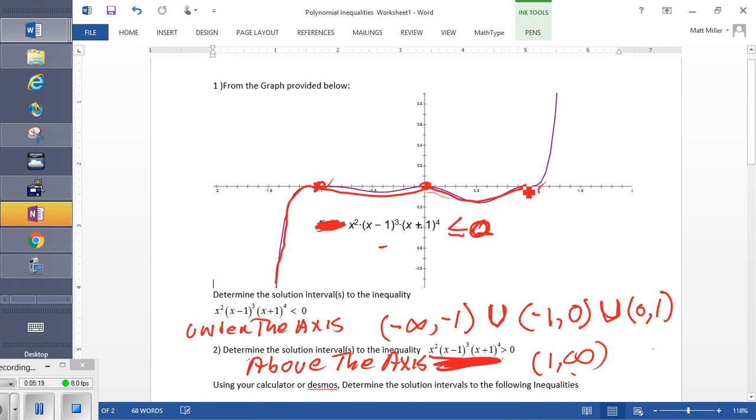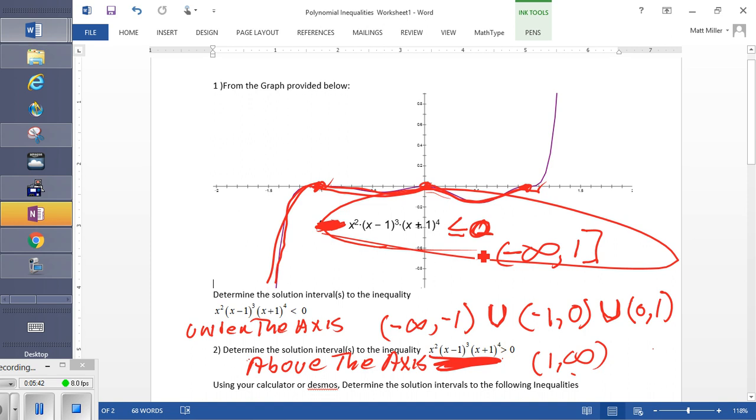If that was the question, then we'd say, hey, it's everything that I'm tracing out here. Everything. Because this is asking when is it under or on the axis, and that's everything from negative infinity up to 1 and inclusive of 1. So that's the answer to this question. I hope that clarifies things for you.